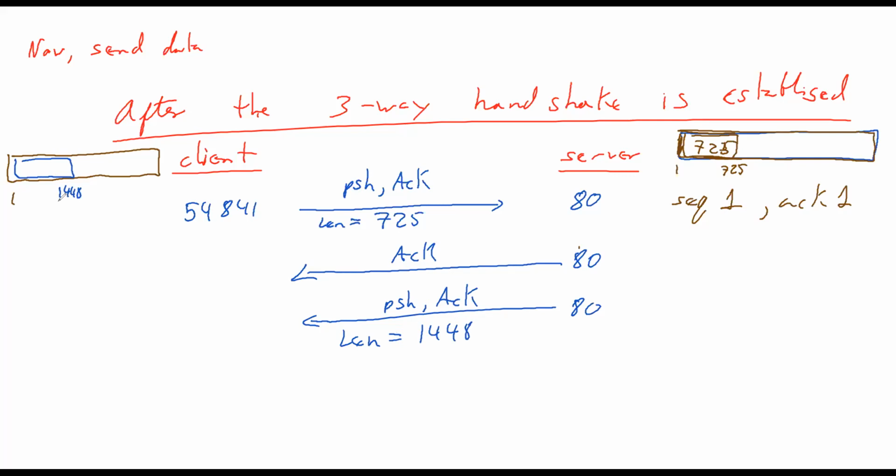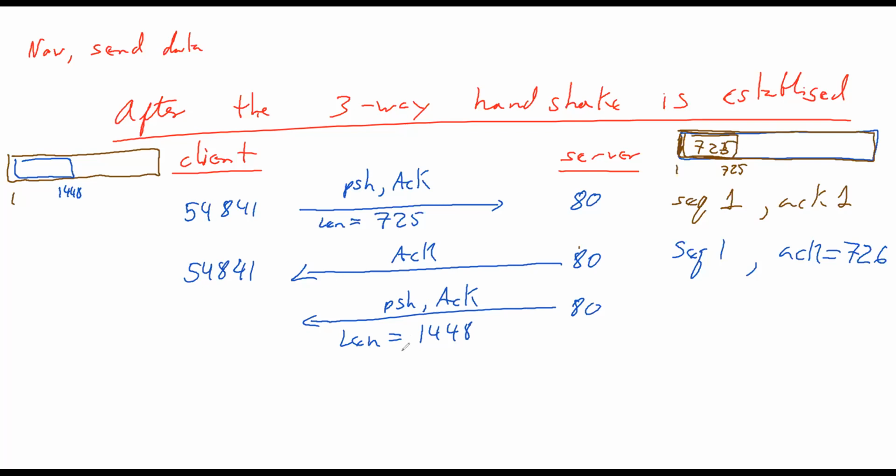Here it needs to acknowledge to the client: my sequence is 1, but I'm going to ACK the sequence number that I got from you plus 1, 726. It's informing the client at port 54,841 of that information.